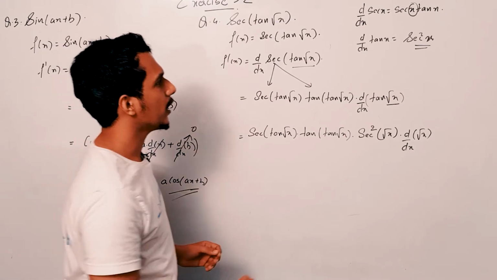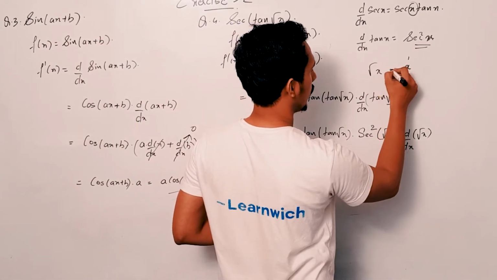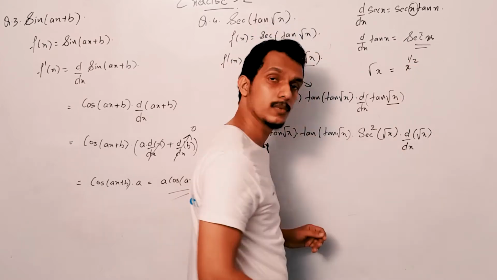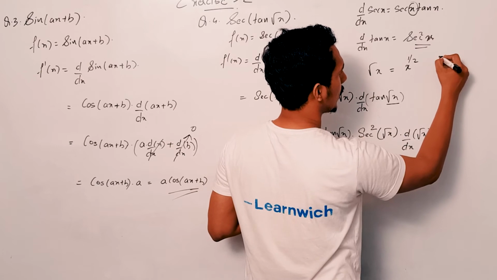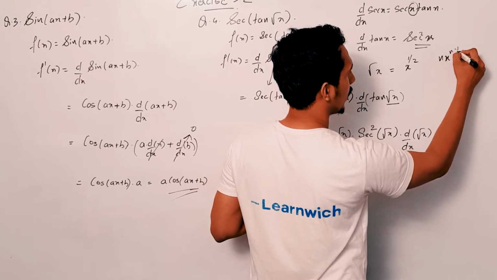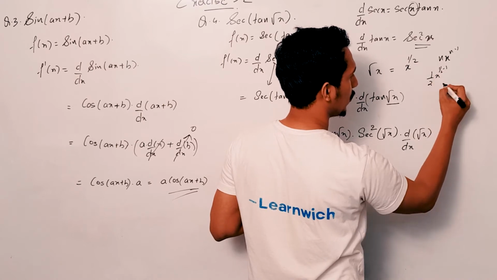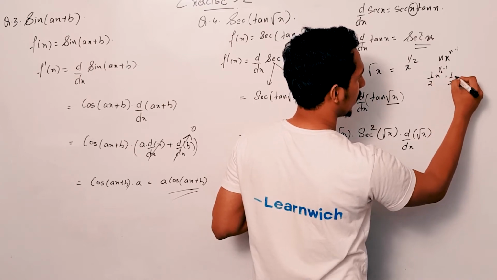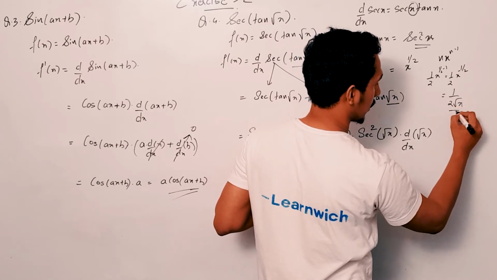So what is this root x? Root x is x raised to 1 by 2. According to the formula, n into x raised to n minus 1, you get 1 by 2 into x raised to 1 by 2 minus 1, that will be 1 by 2 x raised to minus 1 by 2, or 1 by 2 root x.